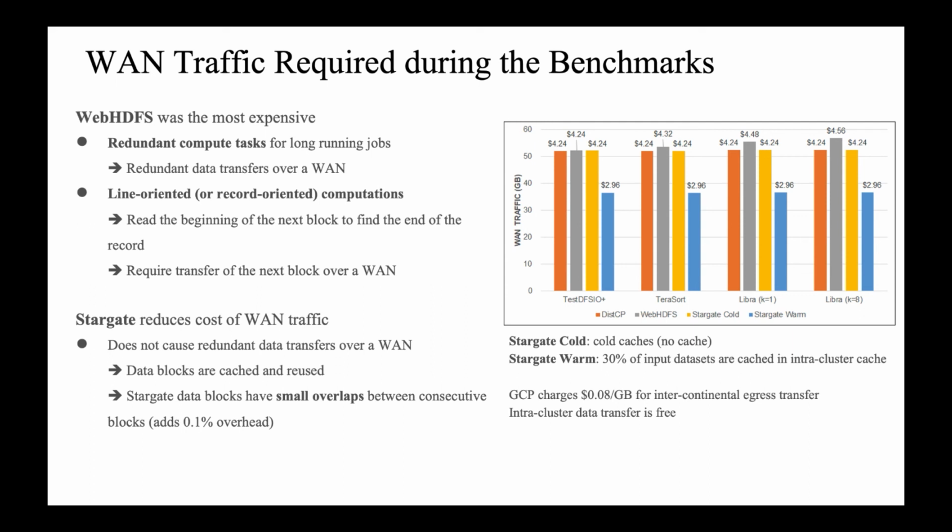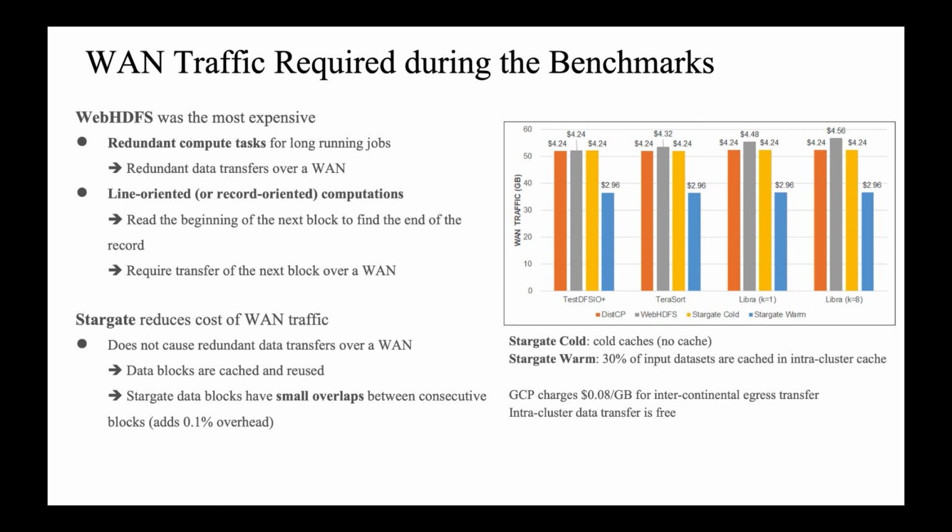The graph shows that WebHDFS required the most WAN traffic. One reason for this is that Hadoop often creates redundant compute tasks, so they caused redundant data transfers. Stargate doesn't require redundant data transfers because it caches data blocks in the compute cluster using the distributed hash table.